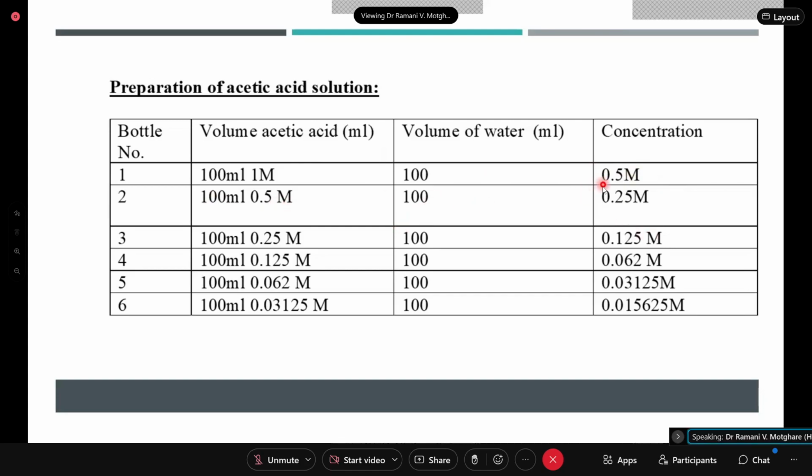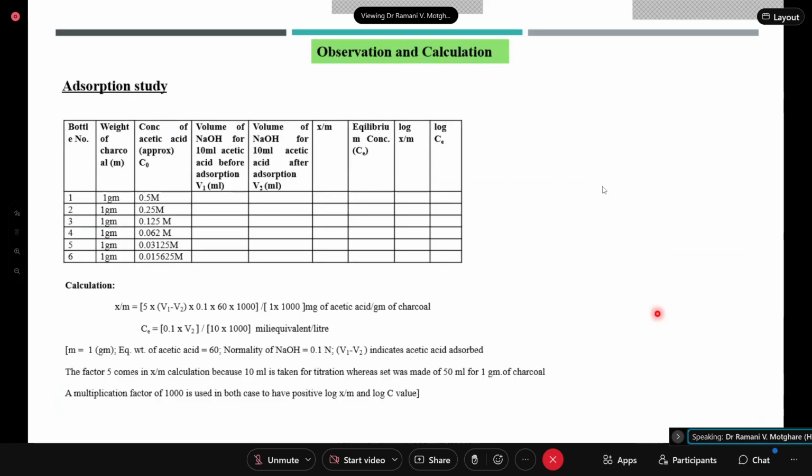You get 0.25 molar solution. From this 0.25 molar solution, whose total quantity is 200 ml, you take 100 ml and again add 100 ml of water. So you get 6 such bottles containing different concentrations of acetic acid, and then you go for the determination.